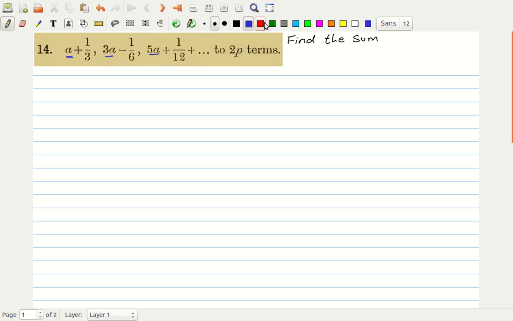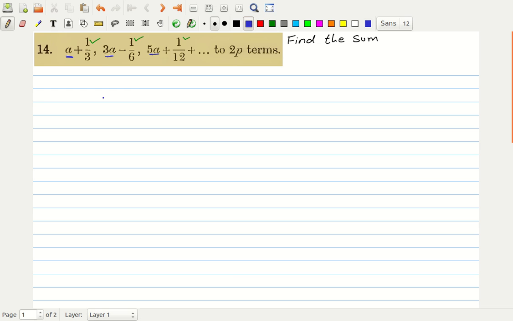Now, if I check 1 by 3, minus 1 by 6, 1 by 12, this is in geometric progression with the first term as 1 by 3 and the common ratio as minus 1 by 2. Now, with this knowledge, we can actually express this series as the sum of one arithmetic progression and one geometric progression, right?